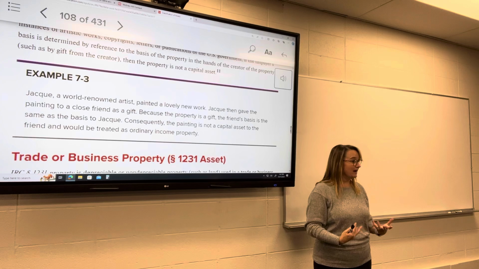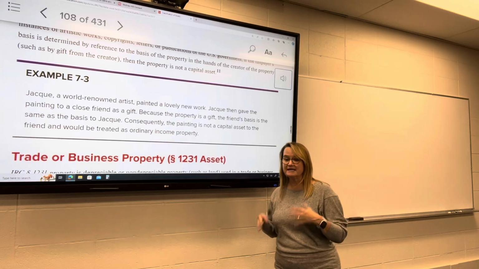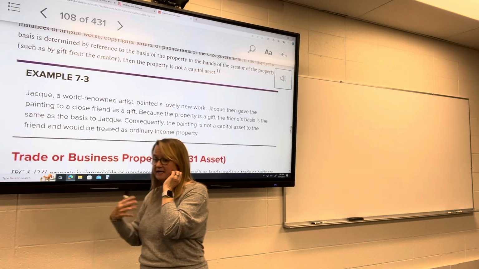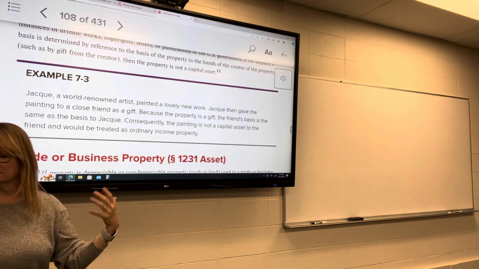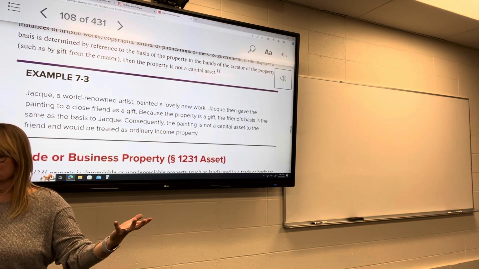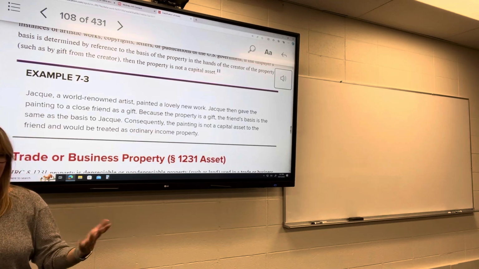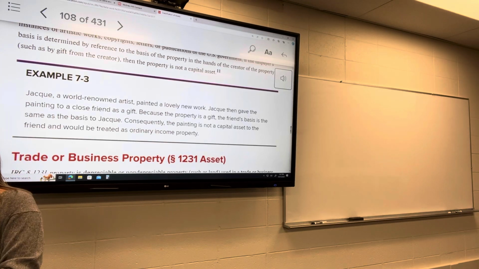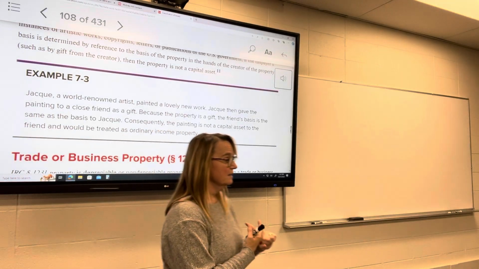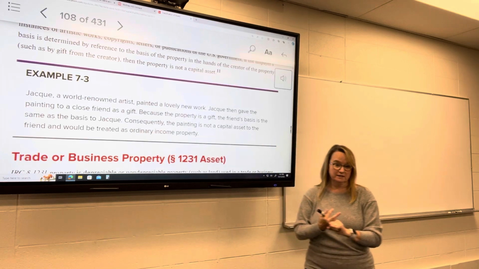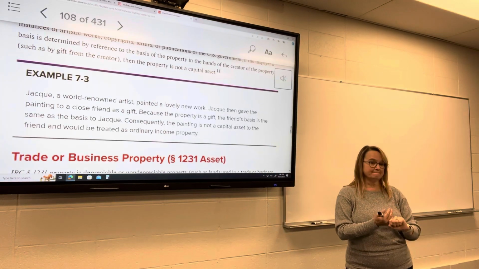If it's a gift, however, it is going to retain its same character to the recipient as it had to the donor, essentially. So to the recipient, because it was a gift, they're going to get the same basis that the artist had, and it's going to be seen as ordinary income property. Okay.